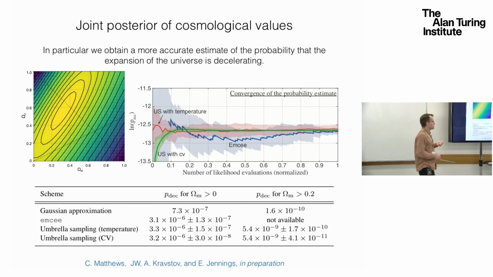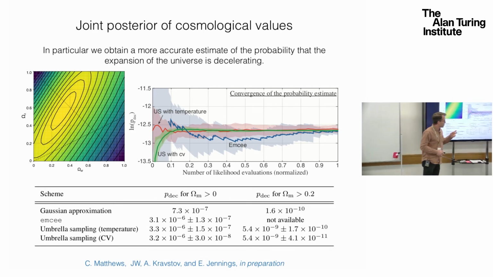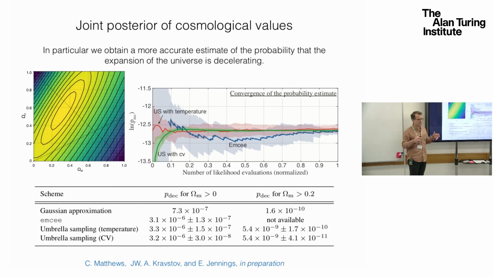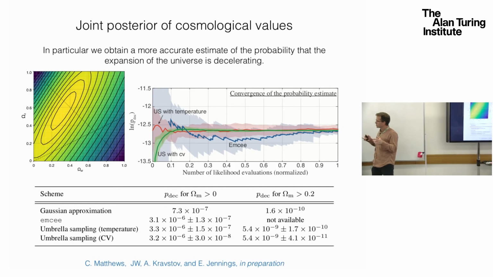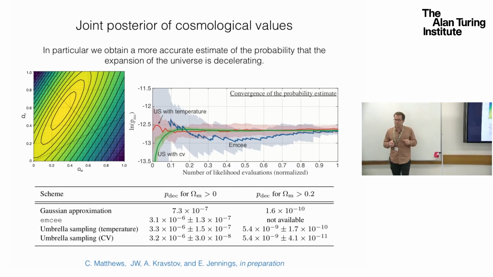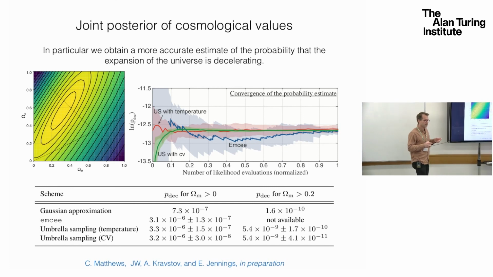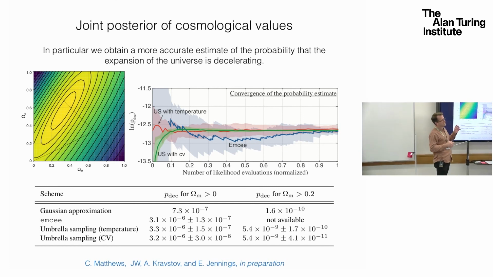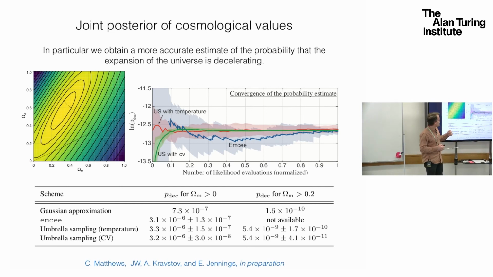Around 2000, there was a paper that confirmed that the universe was expanding. And then in 2015, someone said, well, maybe the probability of deceleration is a bit higher than we thought. This is a tail, and the probability of deceleration is quite small. We wanted to get it more accurately.